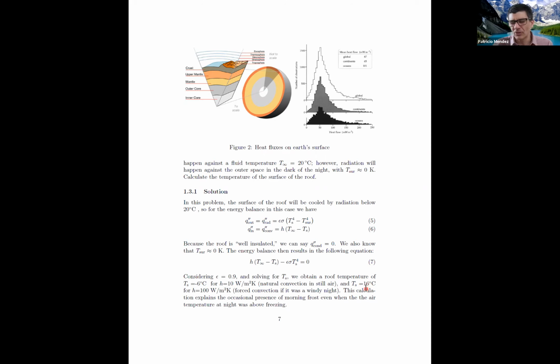Isn't that interesting? So if it is windy, there's going to be no frost. If it is not windy, there can be frost. I have seen this myself. I was always curious in Argentina, why if we never have snow and it's never below 0, do we have frost in the morning? Now you know. I think it's super cool.